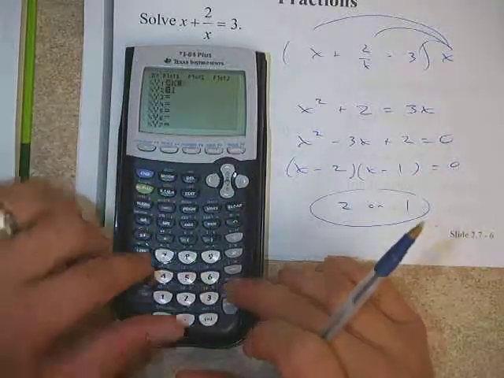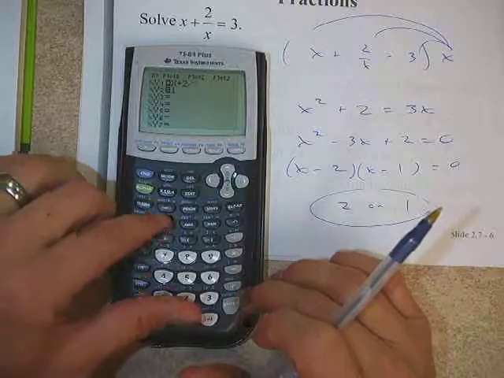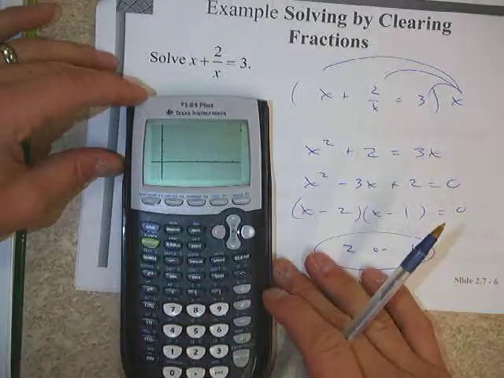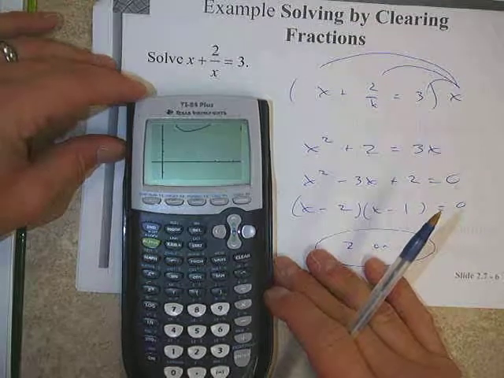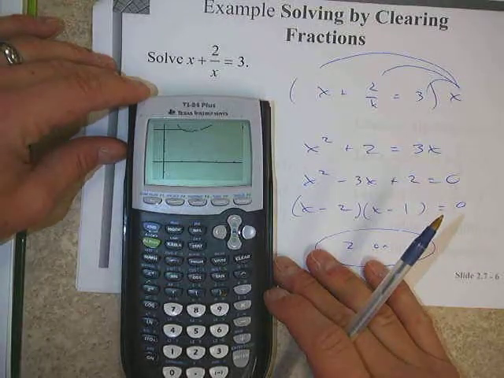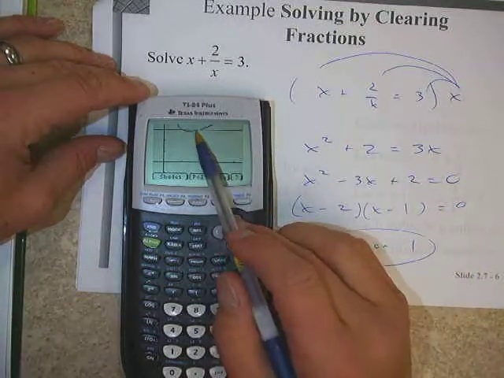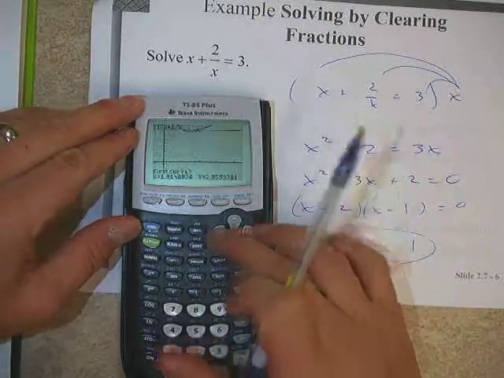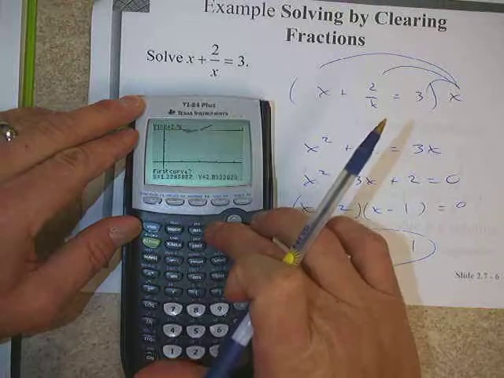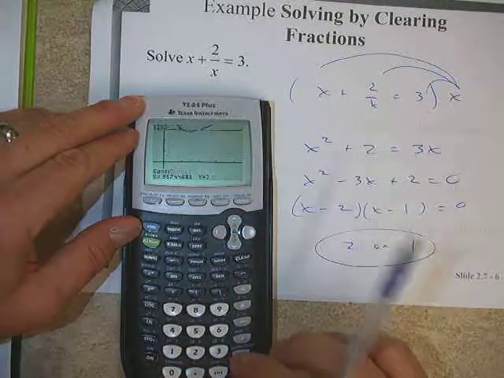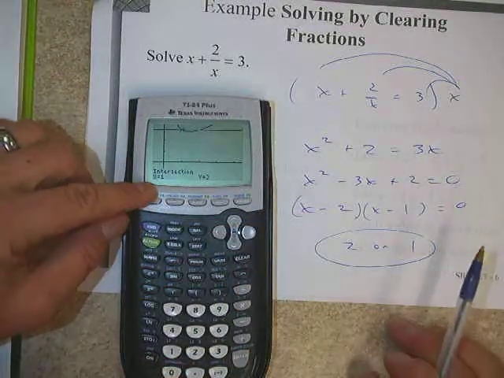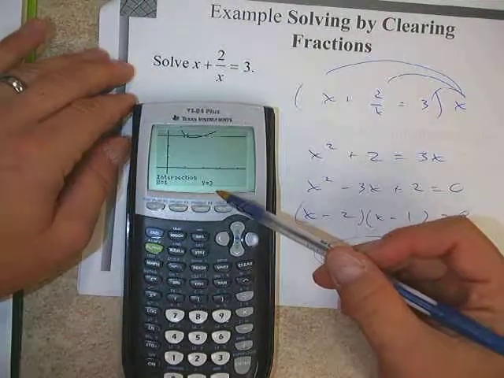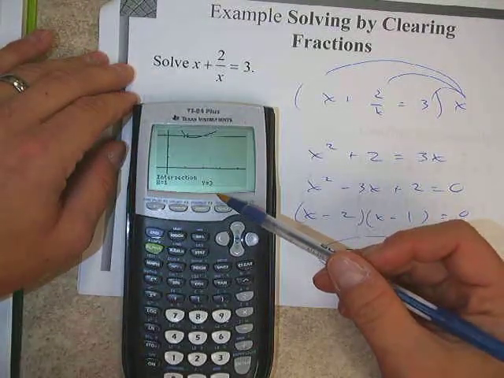But once again, check by using the graph. If we were to type in our x plus 2 over x is 3, we can see the two solutions there. Since it's not a double, the intersection command should work just fine this time.